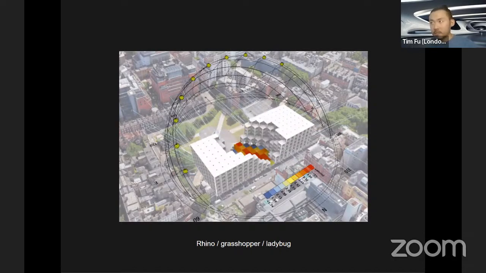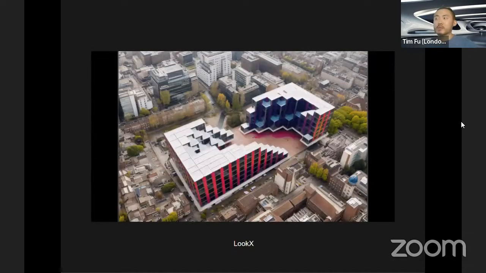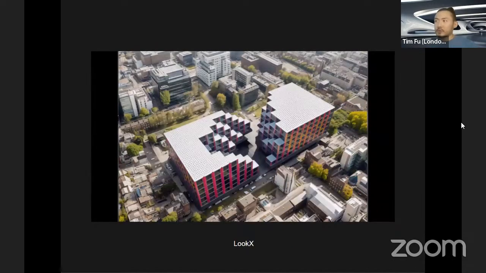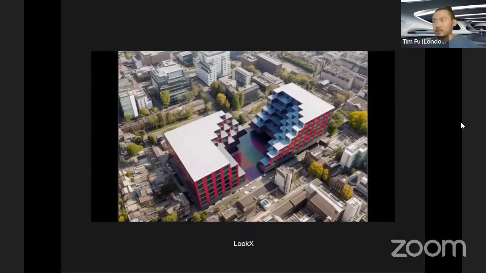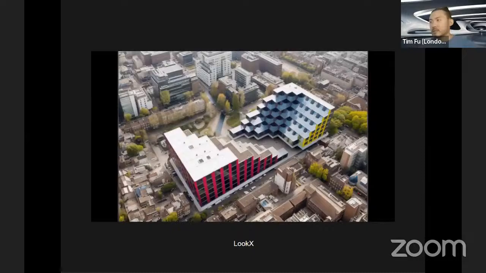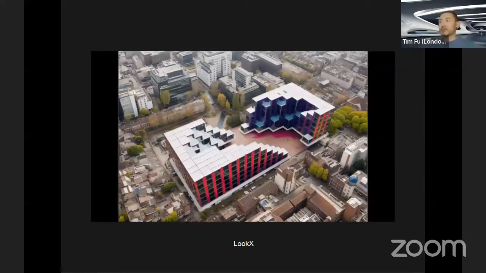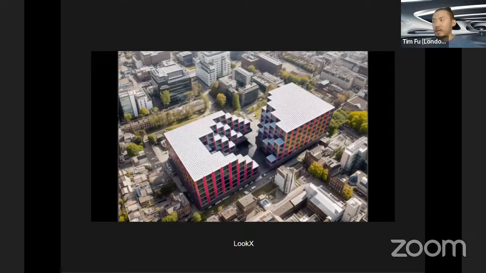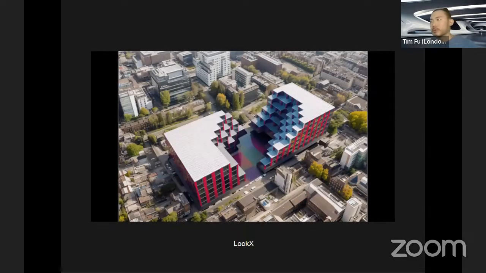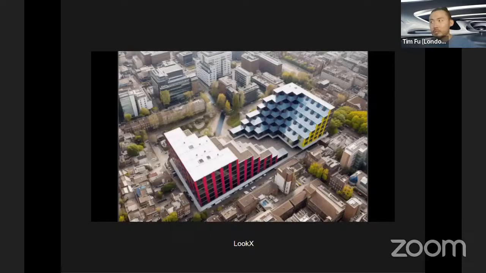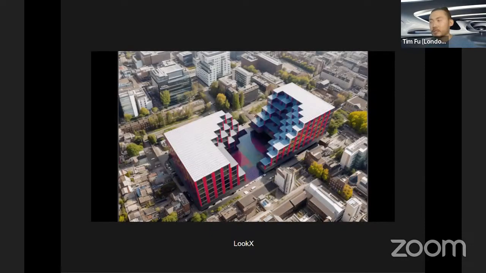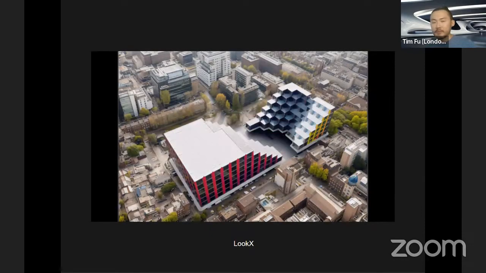Simultaneously, once this optimization process is going, we could hook that up, for example, back into LookX. And what we're able to see is a quick visualization of semi-realistic results of how AI is optimizing for the typology and the unit orientation and placement.